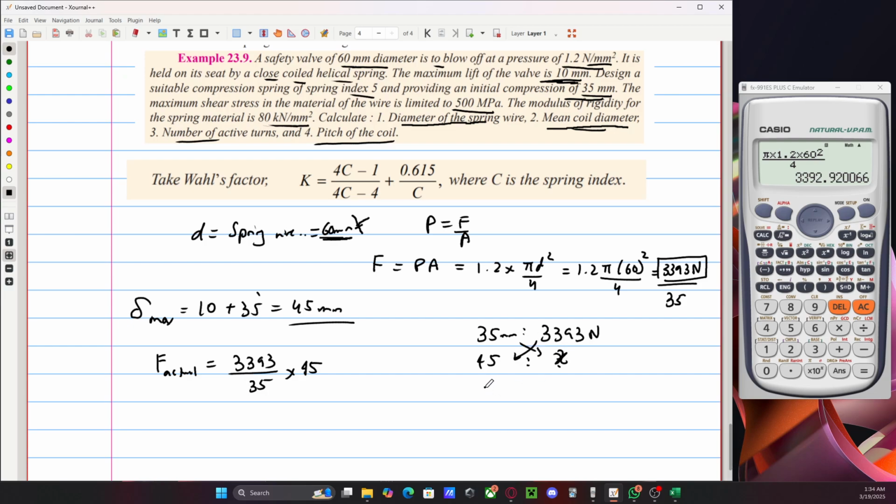If you call this x, it would be 35x equals 3393 times 45. Then x will be 3393 times 45 over 35, which is what I've done here, which is the same thing. So let's check this answer: over 35 times 45.